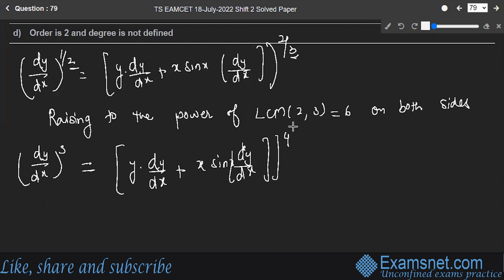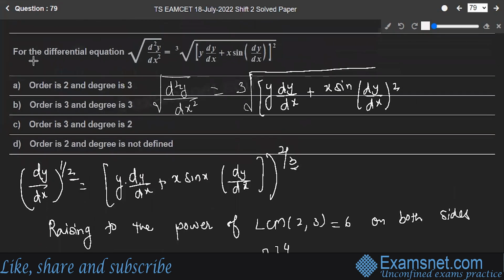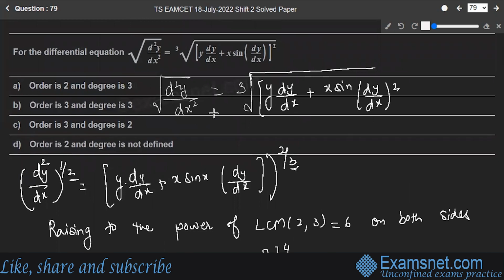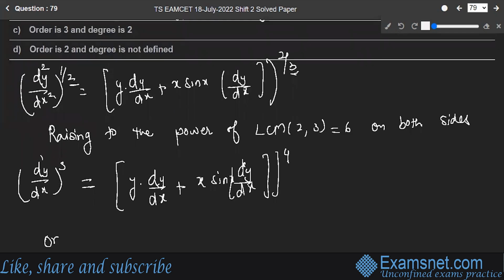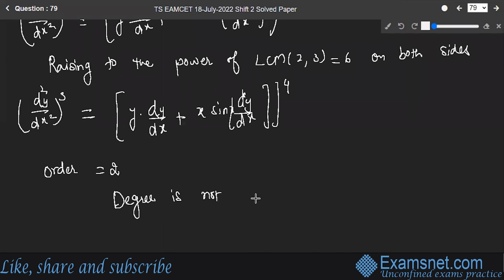So looking at this, what is the order? See, sorry, here it was a second derivative. Okay. So the order of this differential equation is equal to 2 and the degree is not defined.